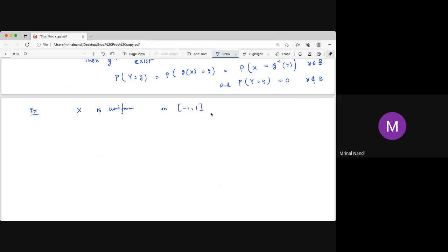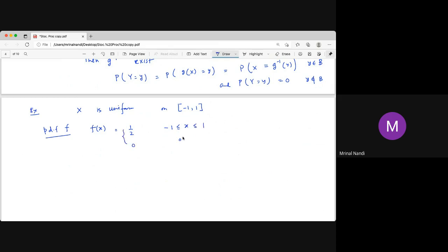Now it is a continuous case. So what is the PDF of that? The PDF f of x is half for this set, and it is 0 otherwise.